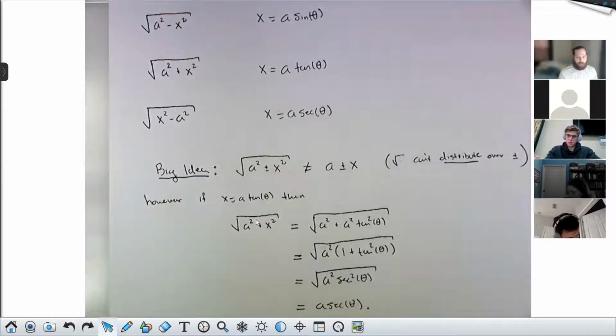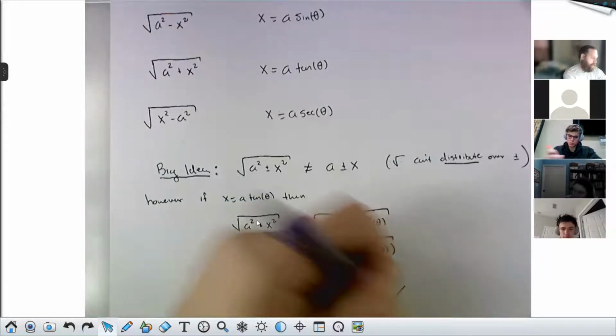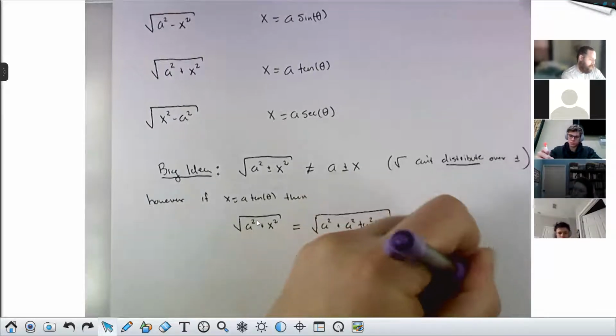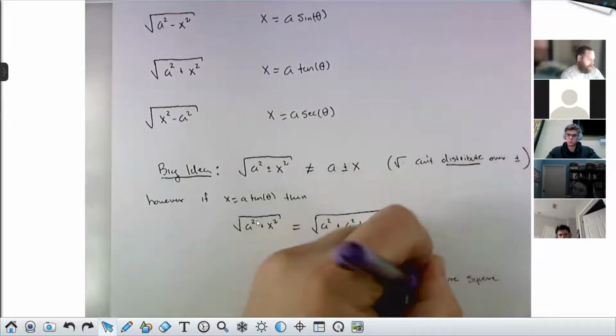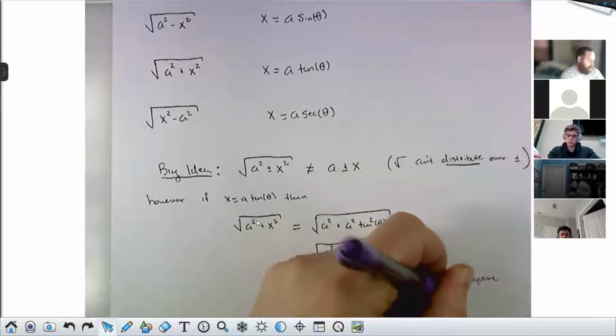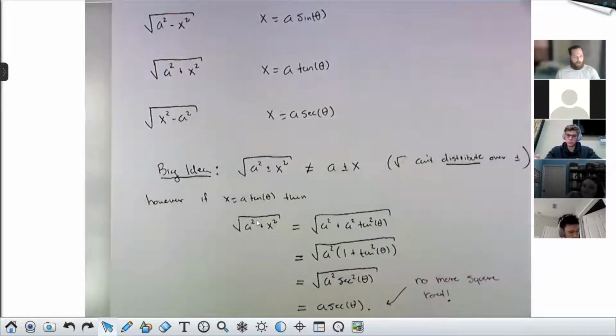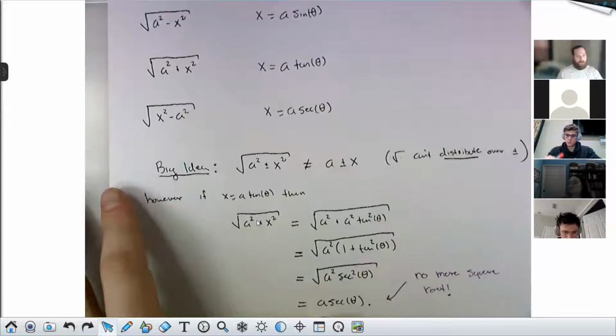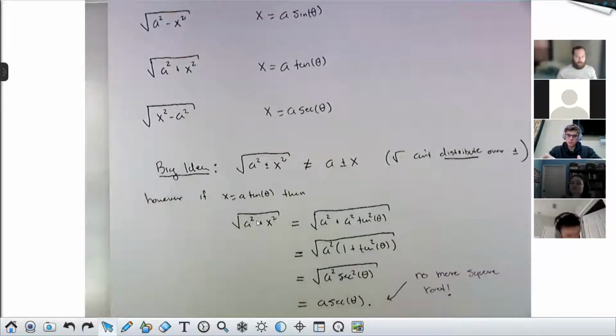So the miracle is that by making this substitution, you're able to get rid of the square root. And square roots make integrals hard, so we're happy to get rid of them. I would much rather integrate the secant of theta than some gnarly thing under a square root.